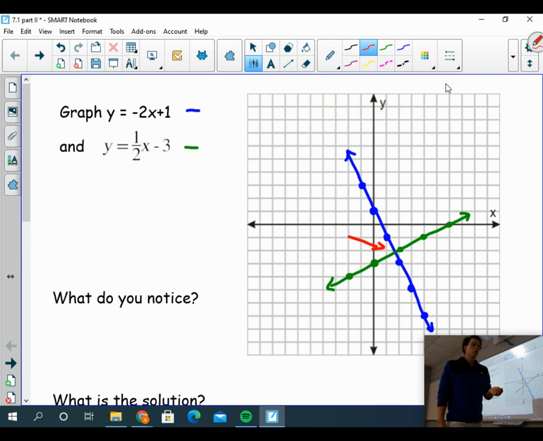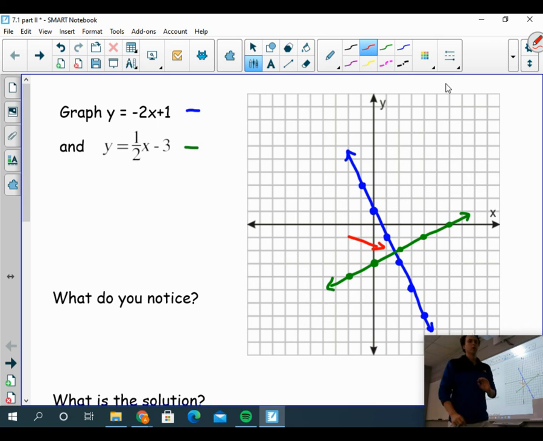If your solution does not result in an integer, if there isn't a nice, clean, neat, even number, you're going to lose accuracy if you try and solve a system of equations by graphing. So in this case, what I would do is I would pause and I would go, wait a minute, this is going to turn into a decimal. My solution will be a decimal. I could approximate it with my graph, but I'm not going to get the exact value. I better solve the system of equations with a different method to get the exact value.